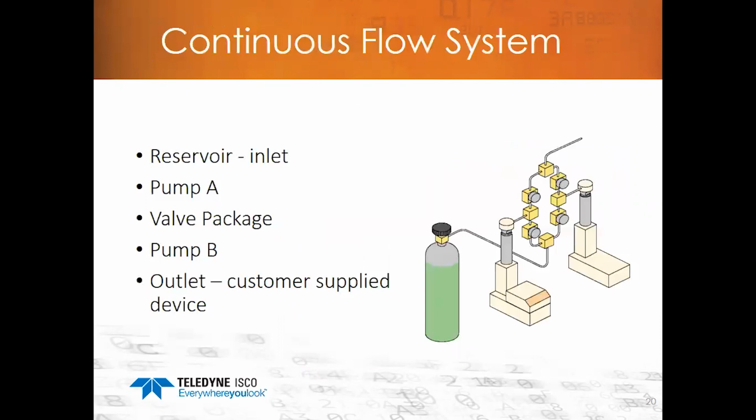You have 2 inlets at the bottom, 1 for each pump, and 2 outlets at the top. The 2 inlet valves are connected into a single inlet, and the 2 outlet valves are connected to a single outlet. Pump B is situated on the right of pump A. The outlet then is connected to a user's customer supply device that's not shown in the drawing.